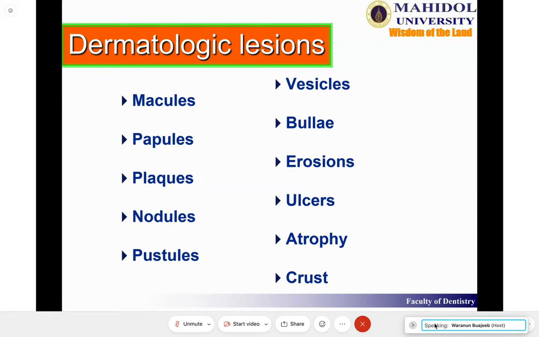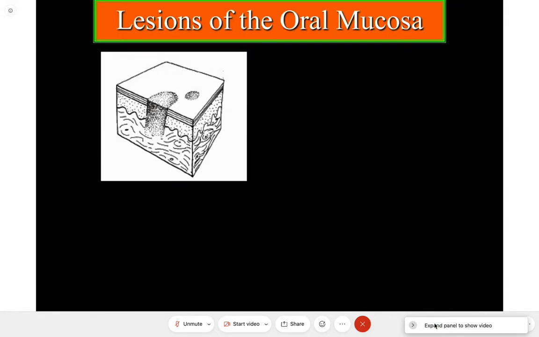But at the vermilion border, because of the dryness, the crust formation can be seen on the lips or the area of the vermilion border. And here you can see the well circumscribed lesions, just only the color is changed from the surrounding.